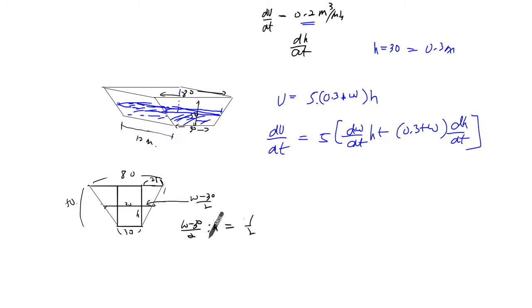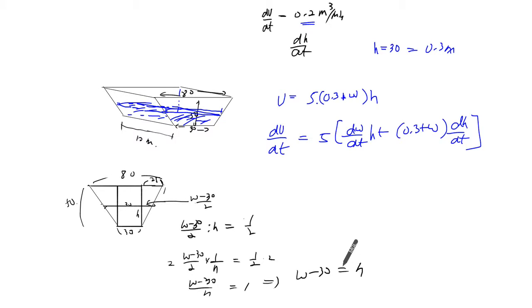This is where we get the relationship between W and H. So (W minus 30)/2 divided by H is the same thing as times by half. You can multiply both sides by 2 to get (W minus 30)/H equal to 1. So W minus 30 is equal to H.